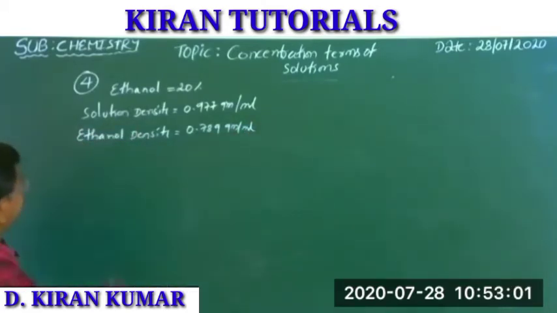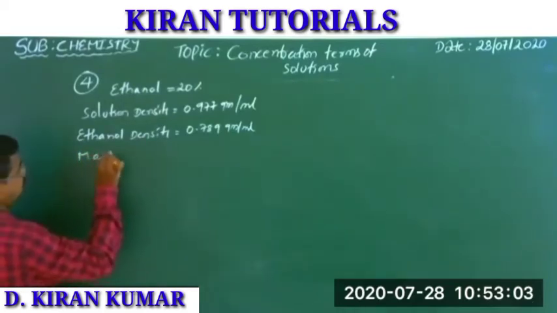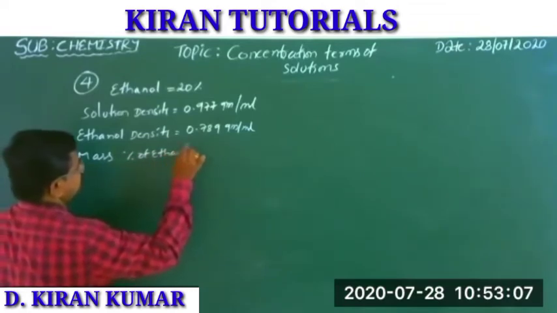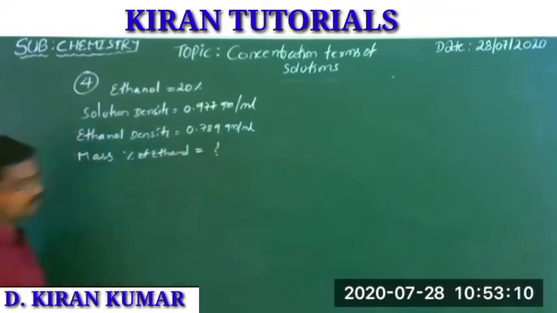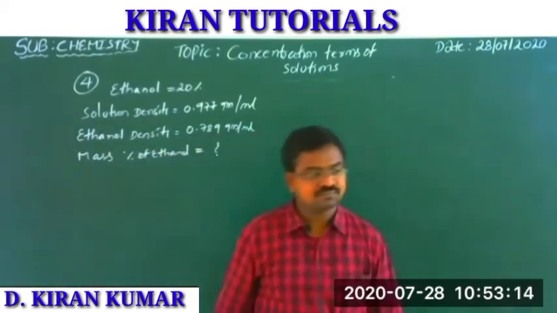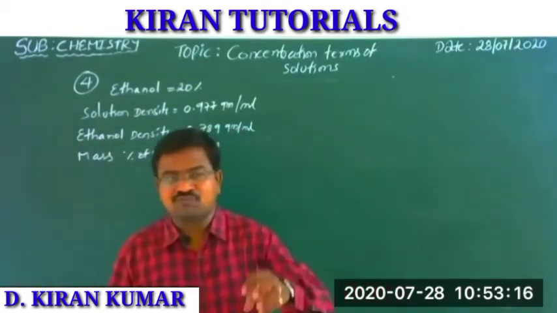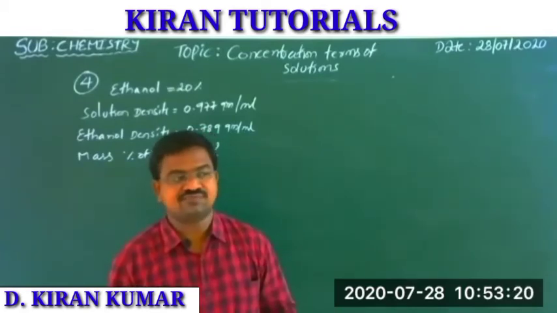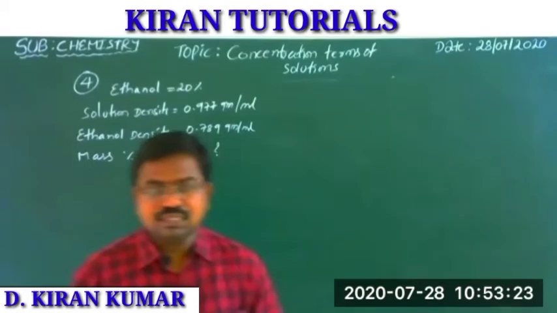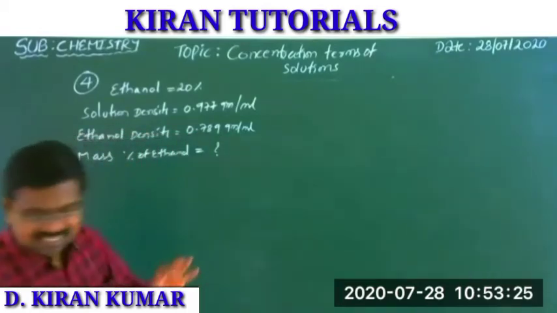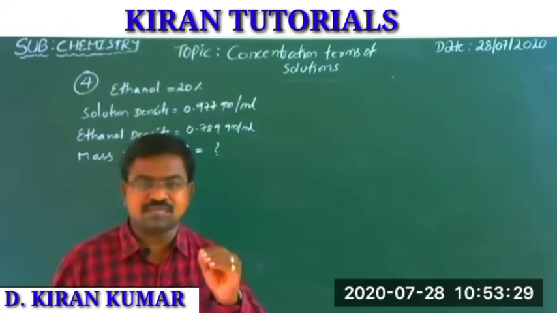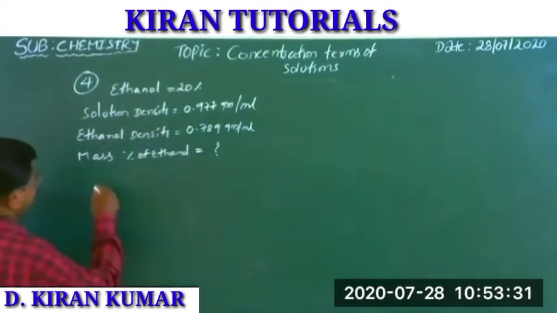Then the mass percent of ethanol is equal to find out. We have to find out mass percent. Clear? That is the question. Now we have to find out mass percent of ethanol. What is the mass percent formula?